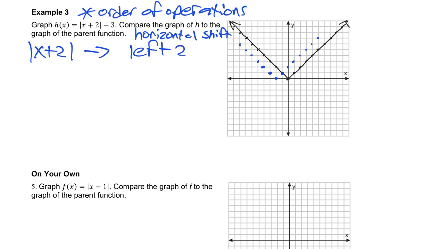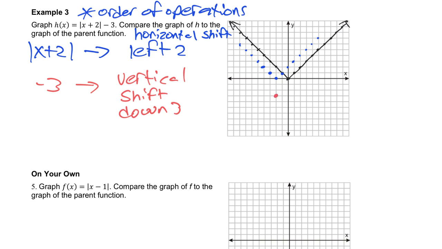Now, look at the minus 3. The minus 3 meant we had a vertical shift down 3. So all those new points we just did, we're going to go down 3. So 1, 2, 3. 1, 2, 3. 1, 2, 3.